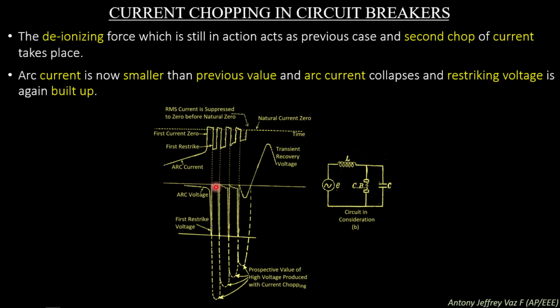After the second chop, the third chop will follow because again the inductor will feed current to the capacitor and make the capacitor voltage rise to the next highest restriking value. This voltage again decreases to zero through the arc by forming another arc in the circuit breaker contacts.